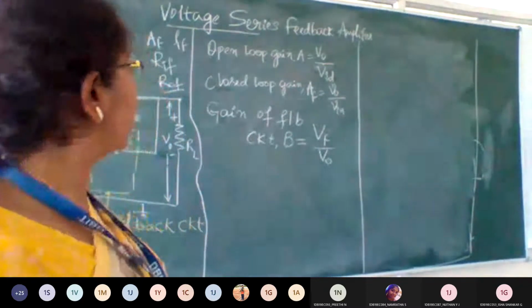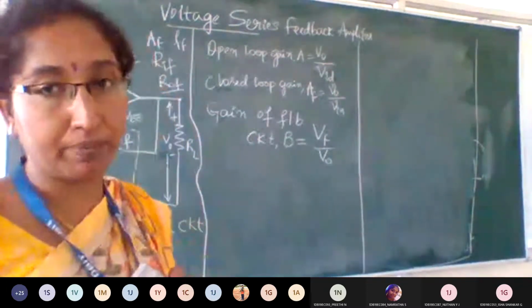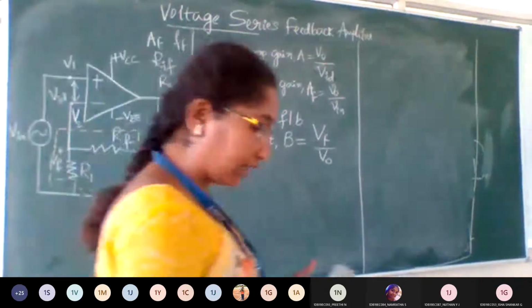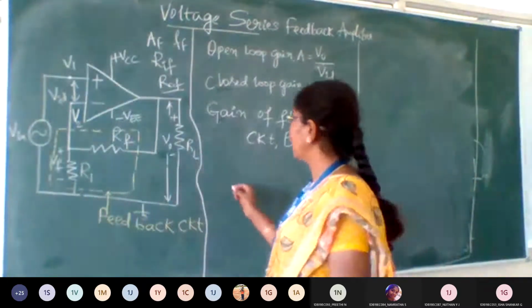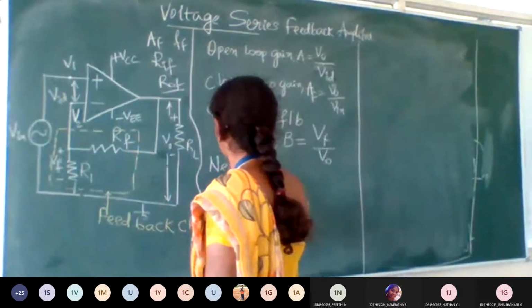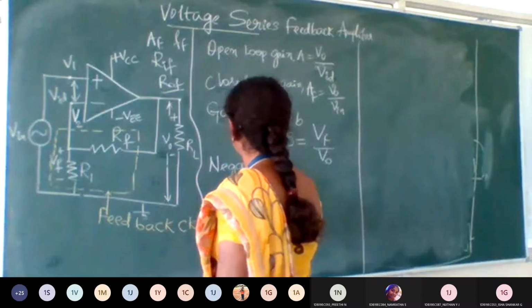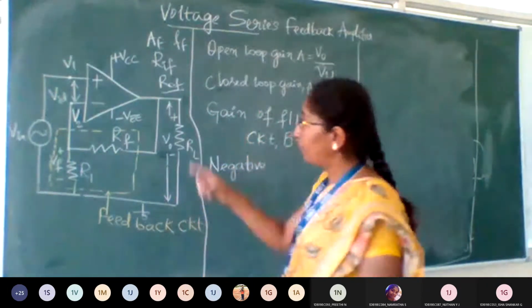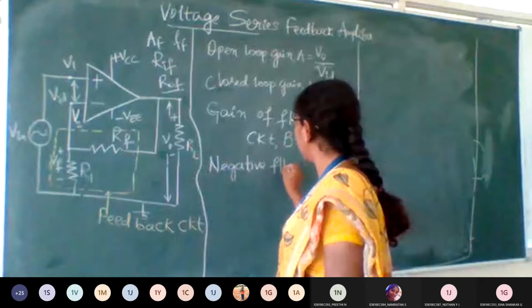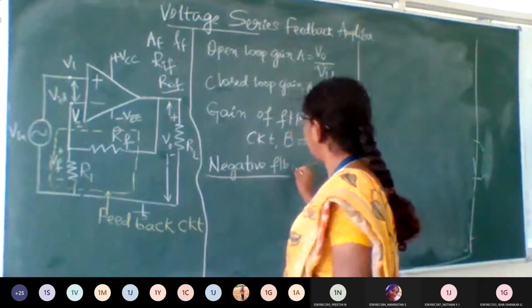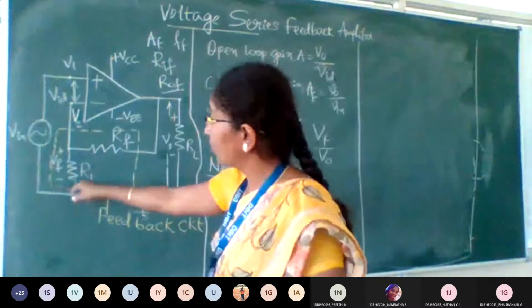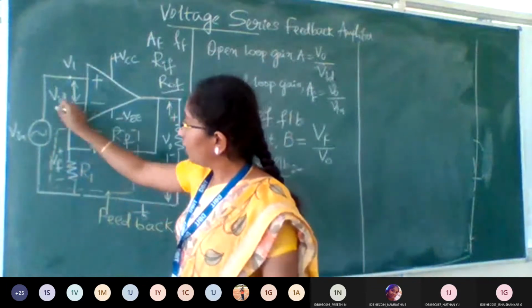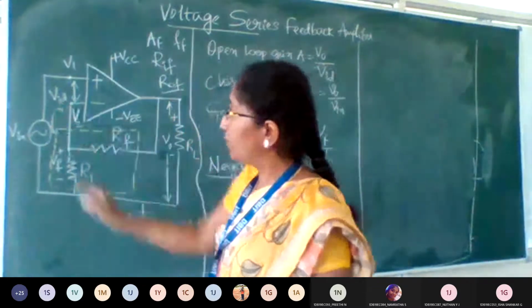So before starting to derive the closed loop gain, you need to find out here negative feedback. So how exactly your input is going to be affected. The first thing is negative feedback. What you have to do is apply a KVL to the input circuit. So if you apply a KVL here, what is the expression you will get?